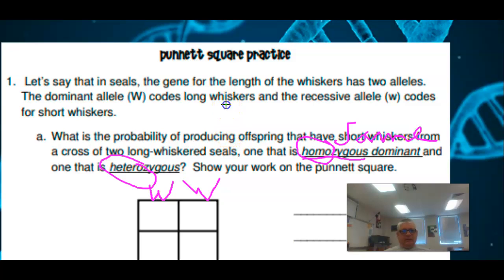If you're talking about letters like L, a capital L and a lowercase l would in fact be heterozygous. Homozygous would be two capitals or two lowercase. But here it tells you it's dominant, so if it's homozygous dominant, you're going to have capital W, capital W. The only way to write heterozygous is one capital and then one lowercase. I'm going to make it super small so that you can see the difference.